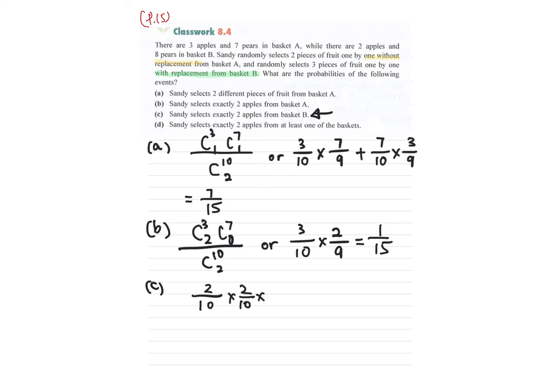But one of them is not an apple, because you have to pick 3 pieces of fruit, so one of them is not an apple, so 8 over 10. This is the case where the last one is the pear and the first 2 are apples. The order can be changed: the first one is pear, second and third apples, or the first one apple, second one pear, and the last one apple. So it's actually multiplying by 3. And the result here is 12 over 125.